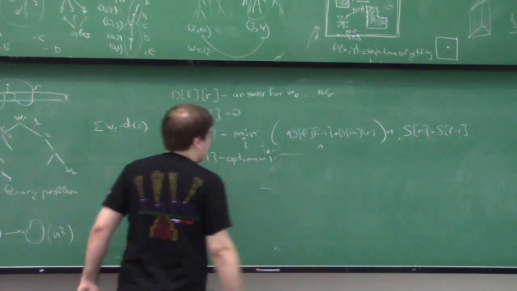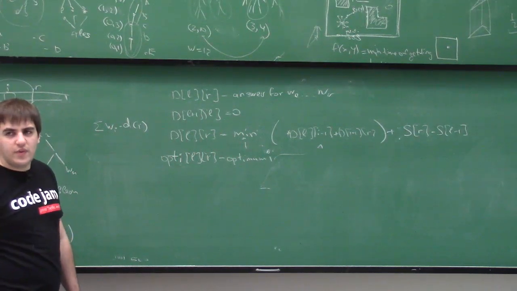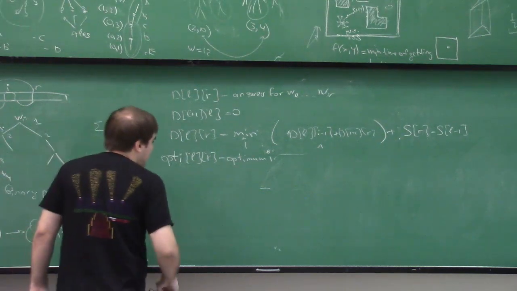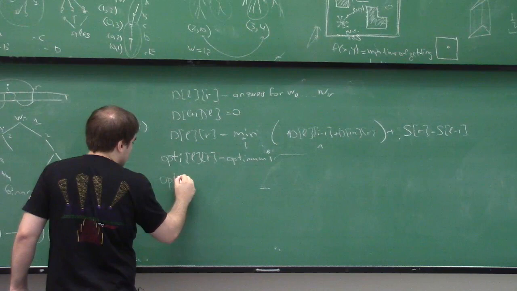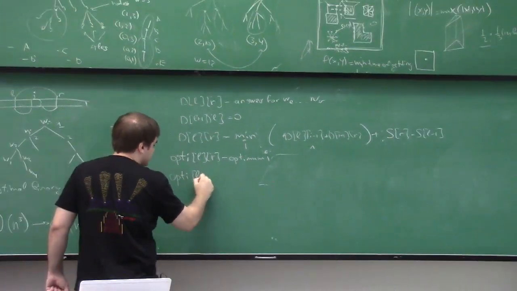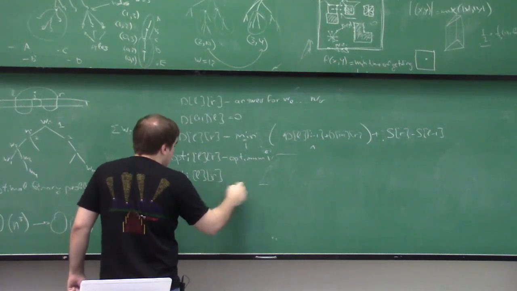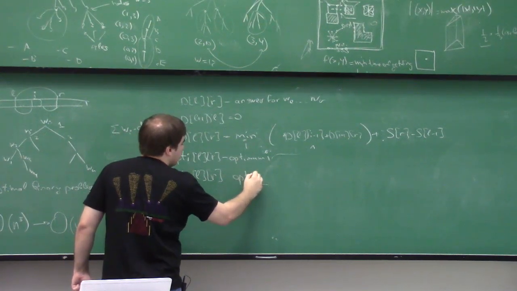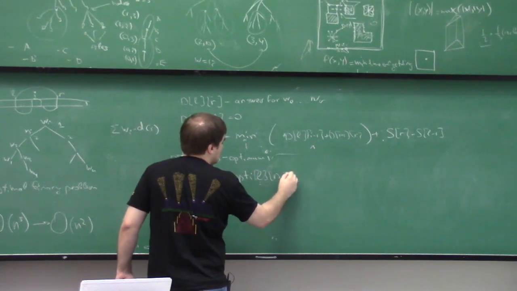He noticed the following fact. What happens when you move one of these bounds to the left or to the right? What can we say about opt i of LR and opt i of L, R plus 1?